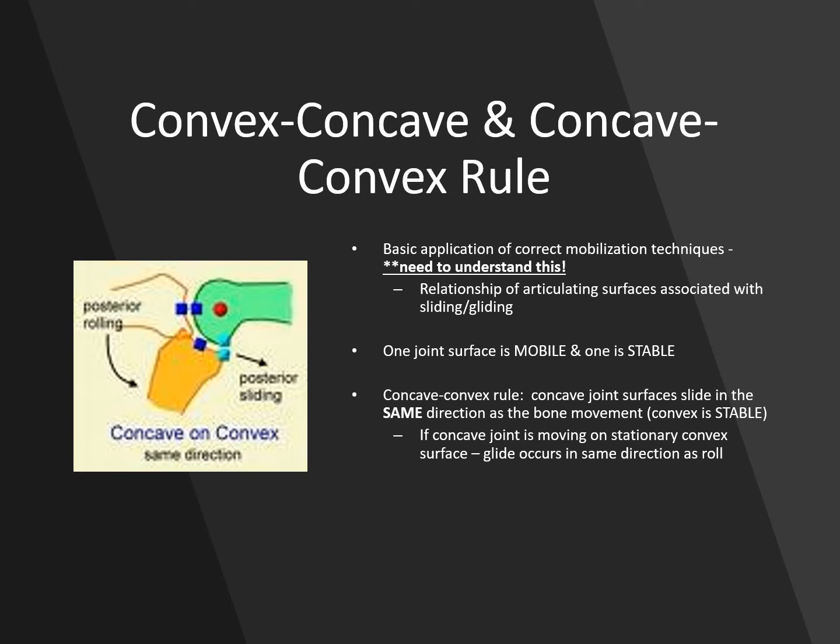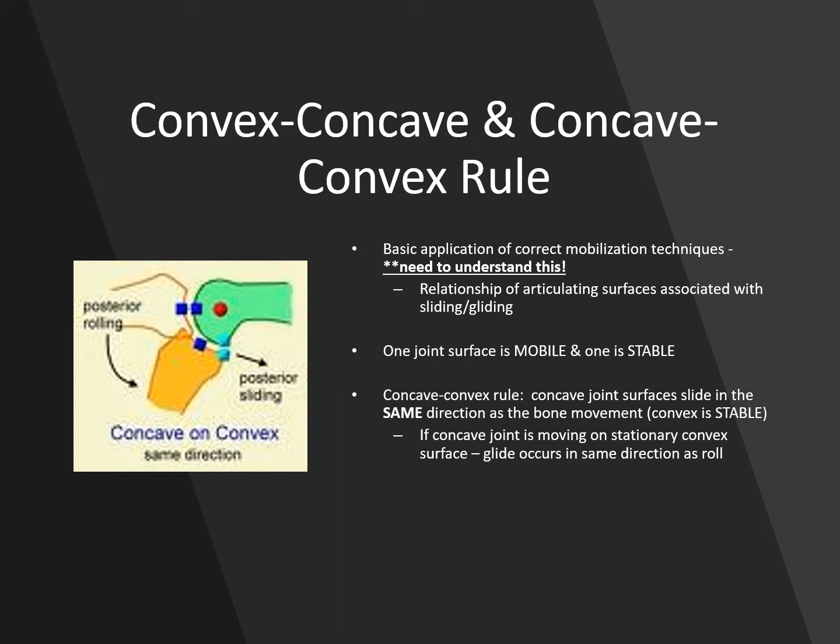So let us start with convex-concave, which means a convex surface is moving on a stable concave surface. That happens, for example, in the shoulder joint. When you are doing shoulder abduction or shoulder external or internal rotation, the head of the humerus is a convex surface moving over a stable concave surface, which is the glenoid cavity.